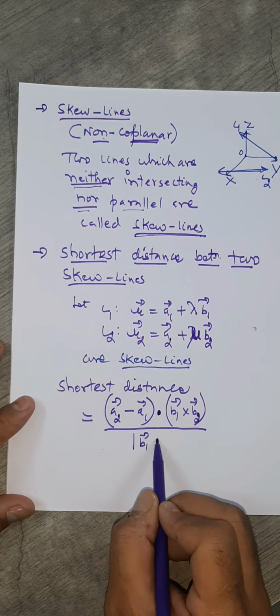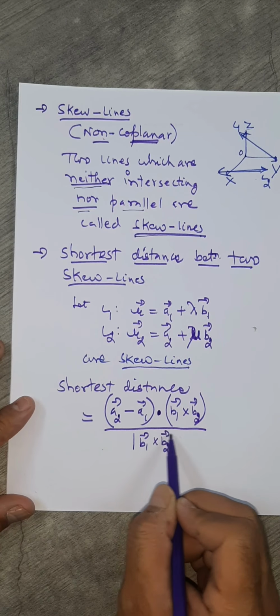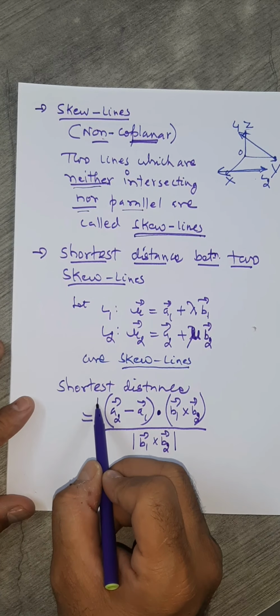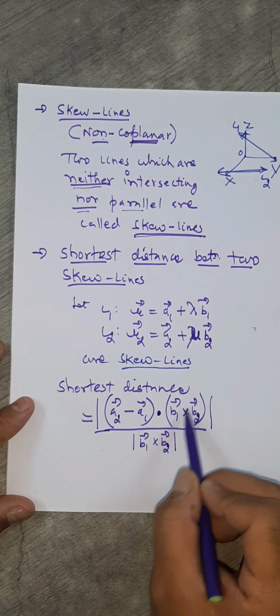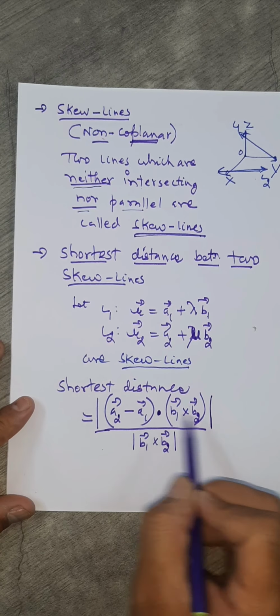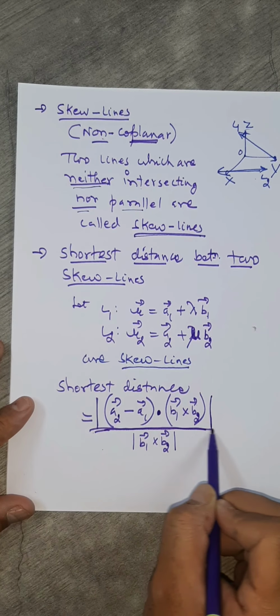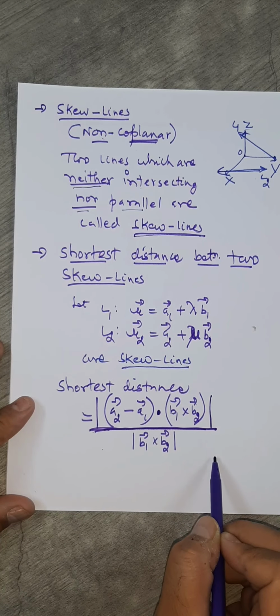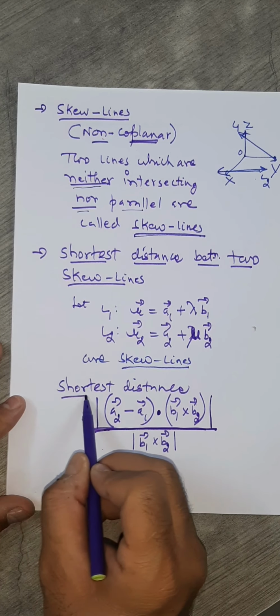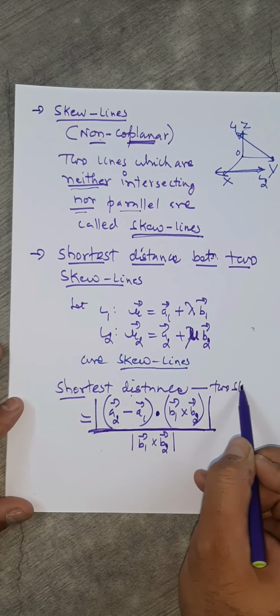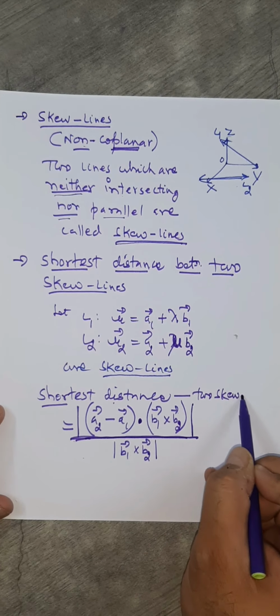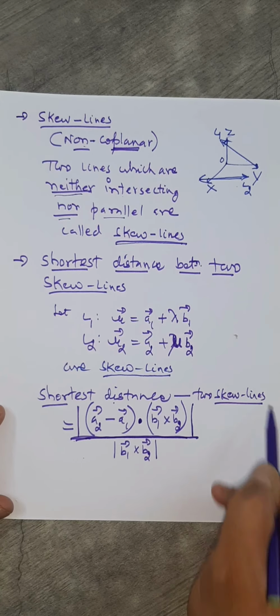This is based on projection theory, projection vector. That's why you have a unit vector, a vector upon its magnitude. You need to just remember this formula to find the shortest distance between two skew lines, lines in different planes.